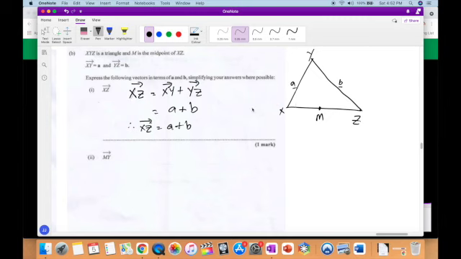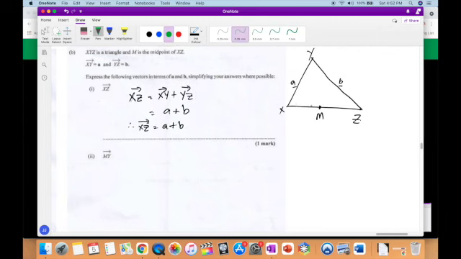MY. Who is Y? Oh, YZ. Okay. Yes. So I want M to Y. I could take it in two ways. I could take it as MX plus XY.